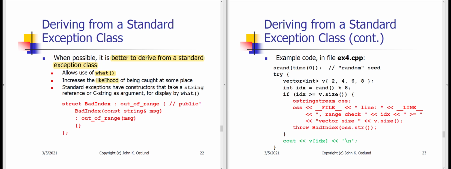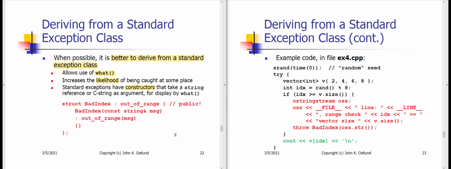Also, it increases the probability that your exception will be caught somewhere. Even if somebody writes code not being aware of your exact exception type, they'll very likely have a catch set up to receive some standard exception or some out-of-range exception or what have you. And if you've derived from out of range, then your exception will get caught.